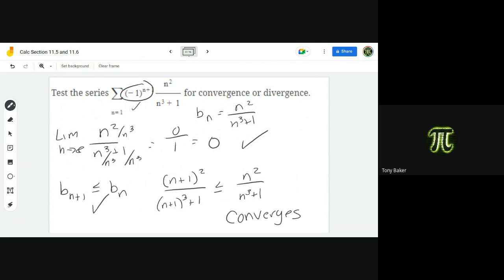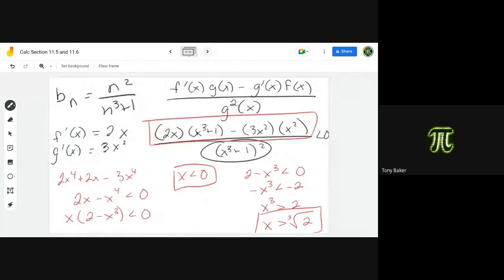No. Okay. Because you'd have to test them all. The goal when you're looking at this isn't necessarily to find out if it is decreasing right at the beginning.